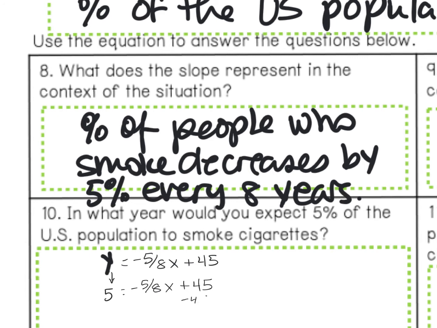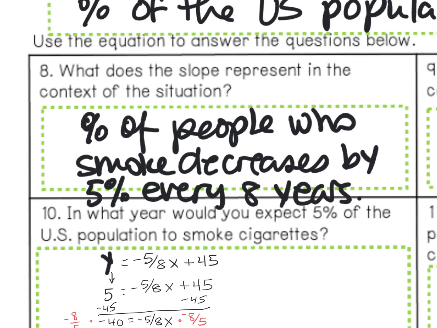I'm going to start by subtracting 45 from both sides, which gives me negative 40 is equal to negative 5/8 x. And then my next step is to divide by negative 5/8. Now remember, when we divide by a fraction, we do so by multiplying by the reciprocal. So I'm going to multiply both sides by negative 8/5.